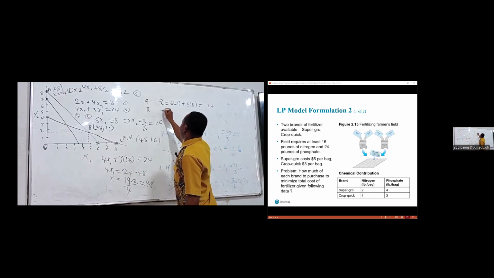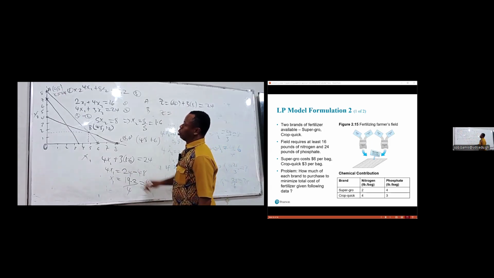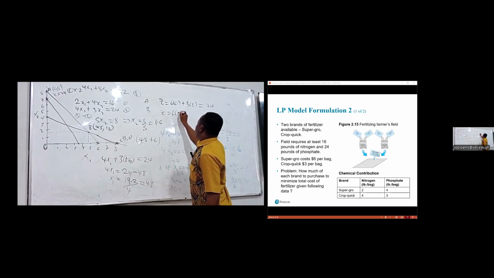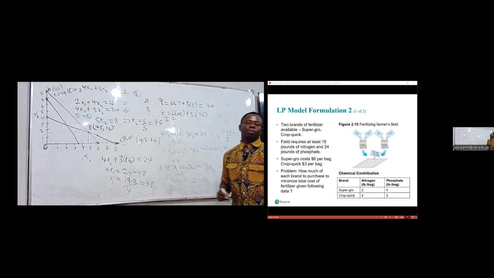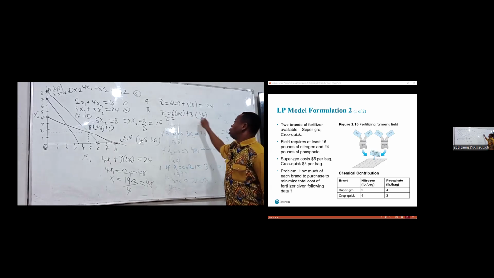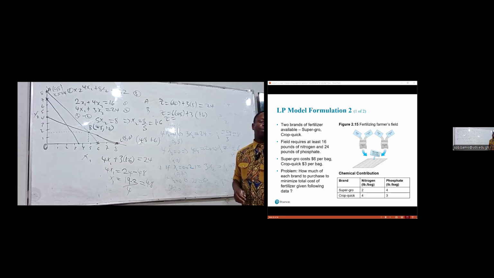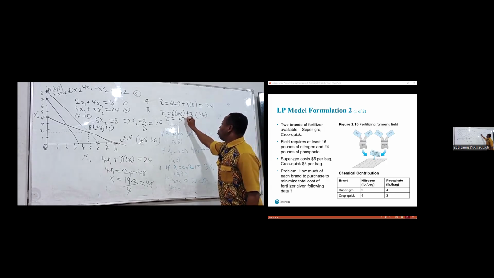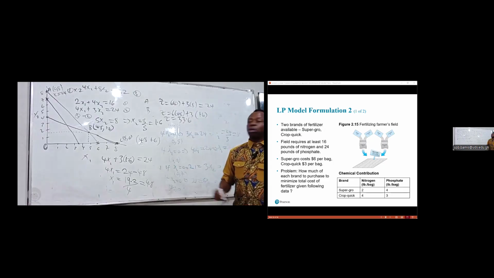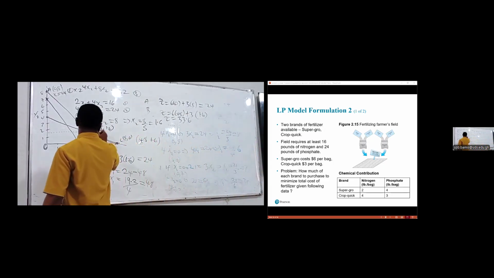Let's move to point B. Z is equal to 6 times 4.8 plus 3 times 1.6. Just do the multiplication and summation. So at point B, Z is 33.6.